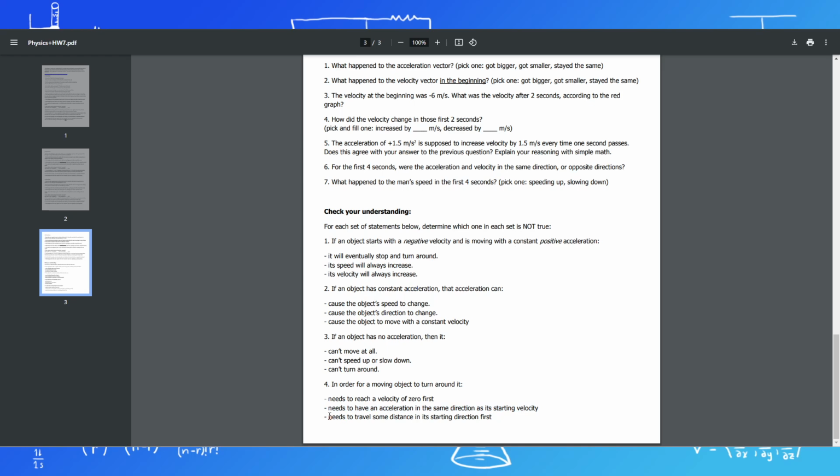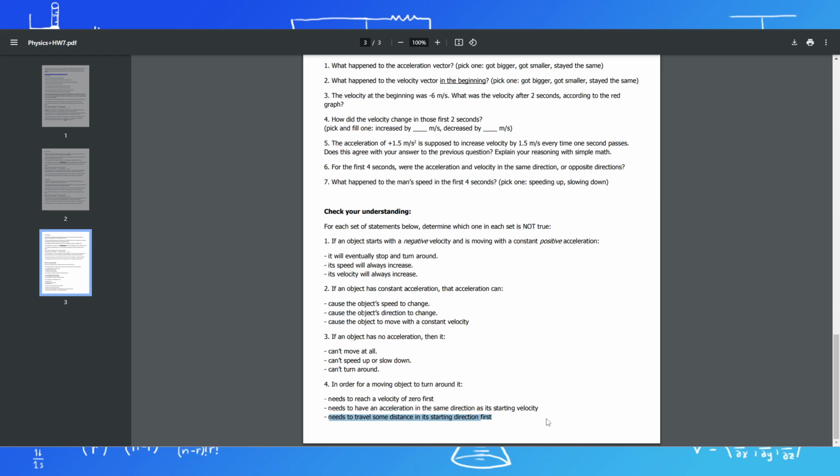And then the third statement: needs to travel some distance in its starting direction first. That's true. We saw that. That was the first thing that I pointed out when we looked at it in the simulation just a few minutes ago. If an object is already moving, then to turn it around, acceleration can't just make the object turn around on a dime.